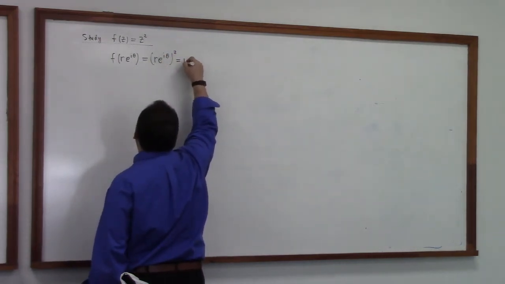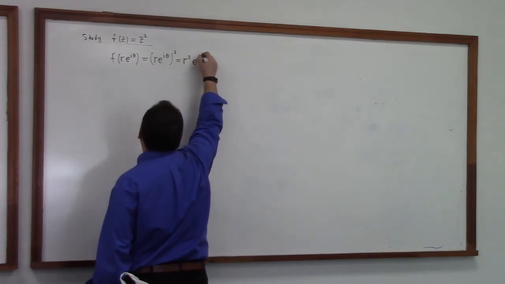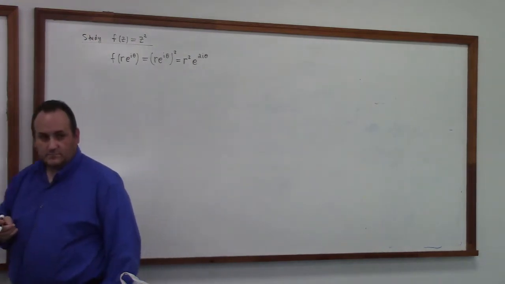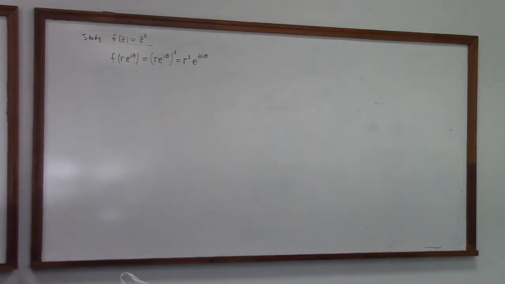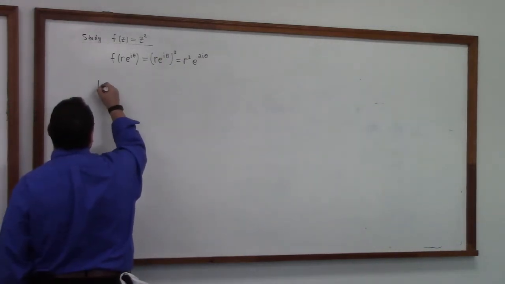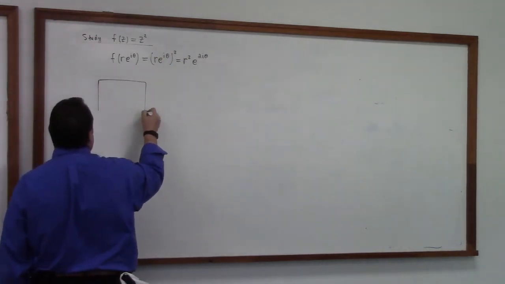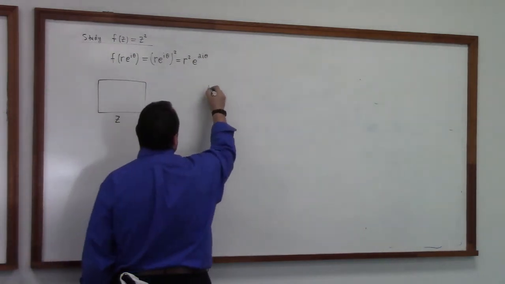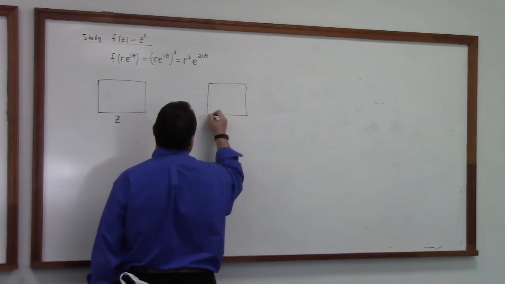We get r squared e to the 2i theta. So we're doubling the angle, right? Often it's useful to visualize what a complex function does as a mapping. So we start from the z plane and we go over here to the w plane.